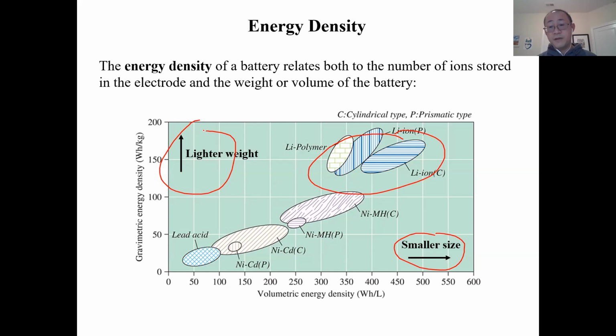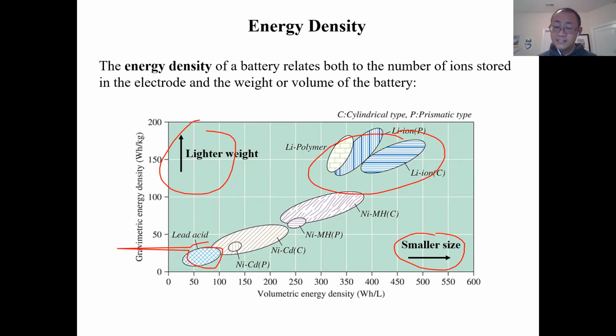And because of that, we call that battery high density, high energy density, because the same number of ions and their weight and size can both be small. And you can see that compared to lithium-ion and lithium polymer batteries, the lead acid batteries are big and heavy because of the metal lead.